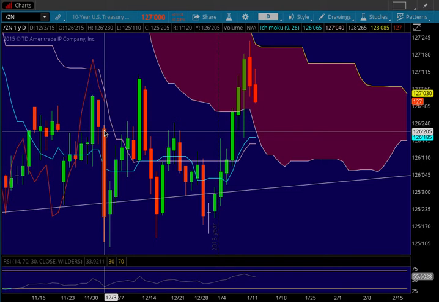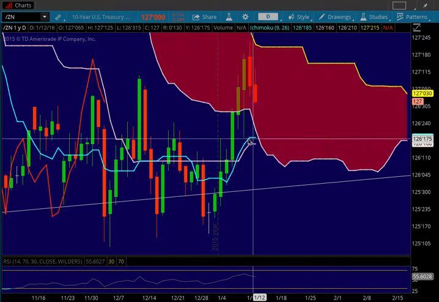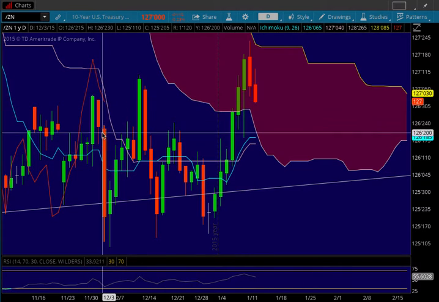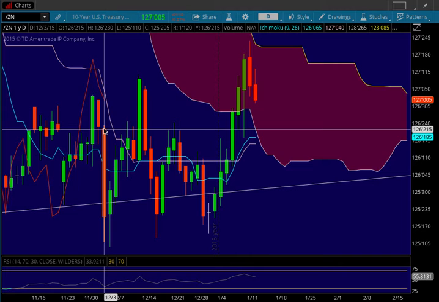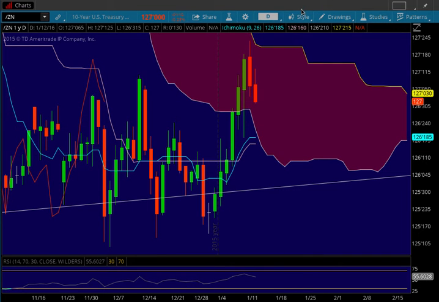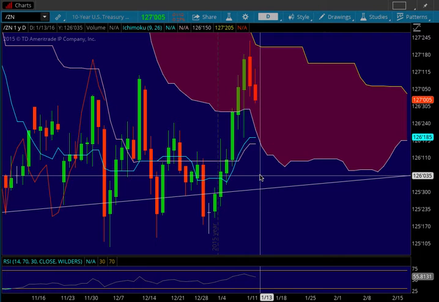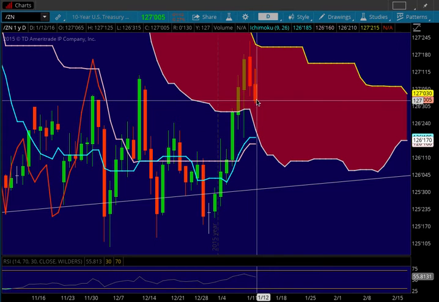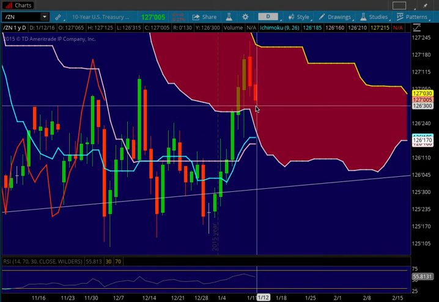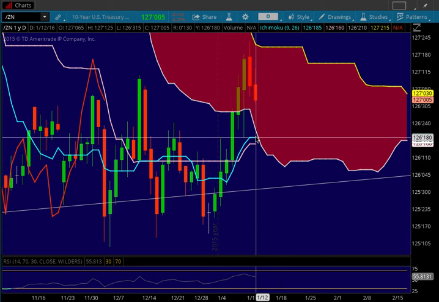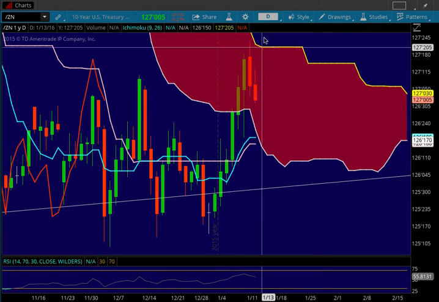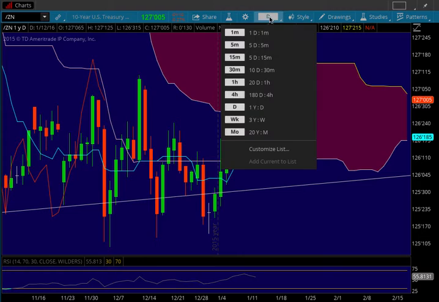So we could find some support before we get to the Tenkan-sen when the Chikou hits this candle. So keep that in mind also. Let's go to some shorter time frames to see we are continuing to move lower. And the closer we get to the flat Tenkan-sen, the more attractive it will be. I like to think of a magnet.